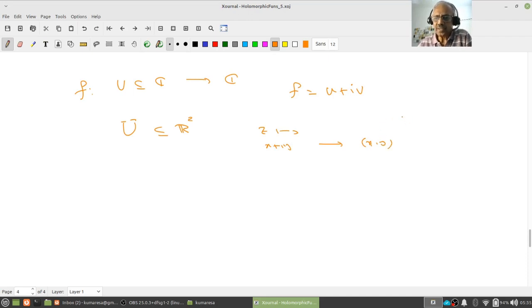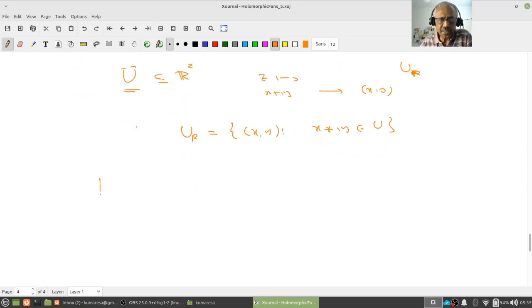Therefore, if you want, I can simply say U_R, where U_R denotes the real part. Are you following? So U_R is nothing other than (x, y) such that x plus iy is in U. That's it, right? This is an open set. So we will think of U also as an open set of R2.